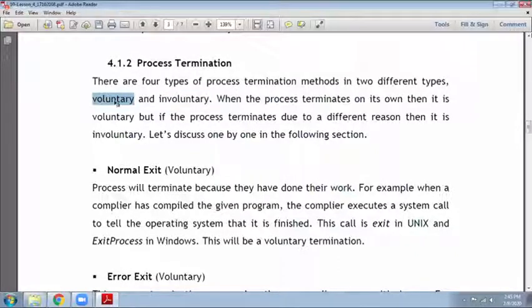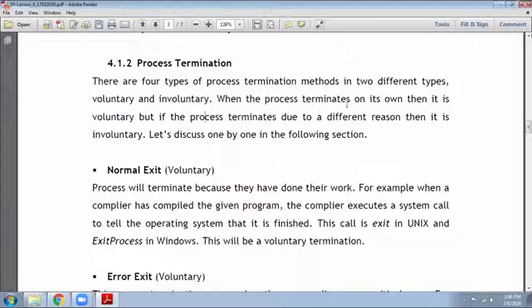How to terminate, voluntary or involuntary. Voluntary means you know the meaning, volunteer. Sometimes you do volunteer jobs. Willingly you are doing it, in our case not paid, for example. Voluntary service like that. Involuntary is the opposite.